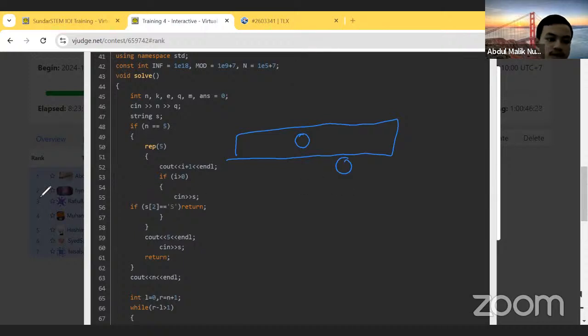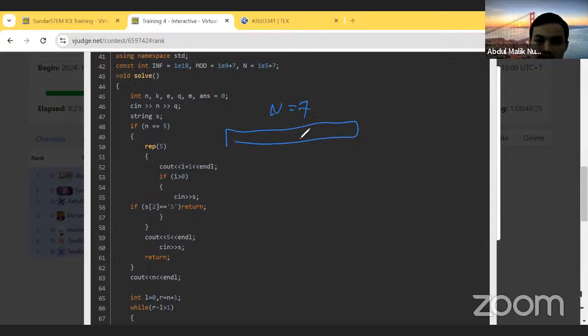So for example, if n is equal to 7, then if we query 3, the response will be sent in the next day. But while we are waiting, we can also ask another value, let's say 5.